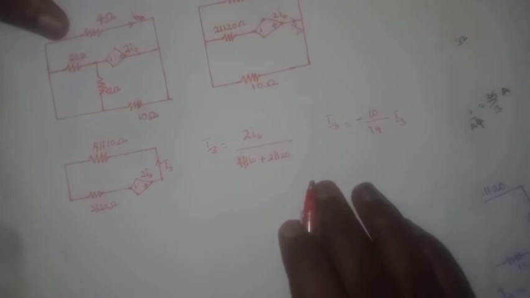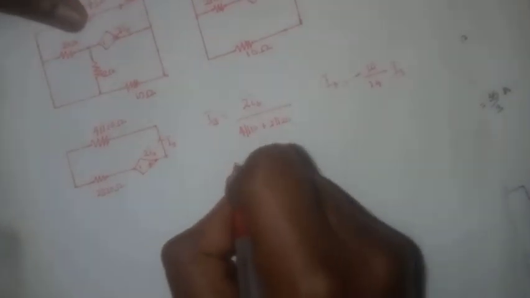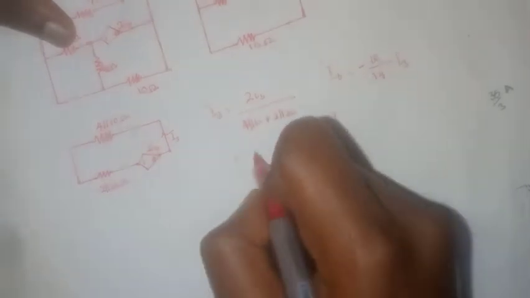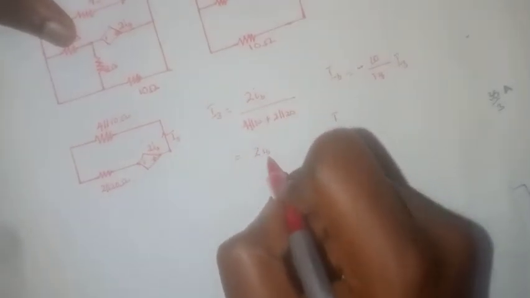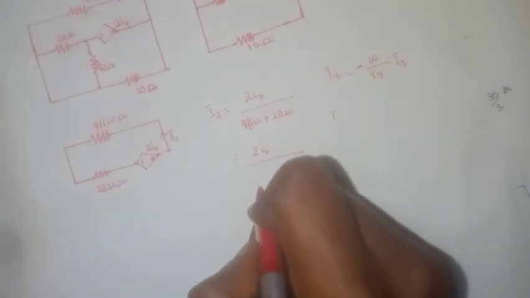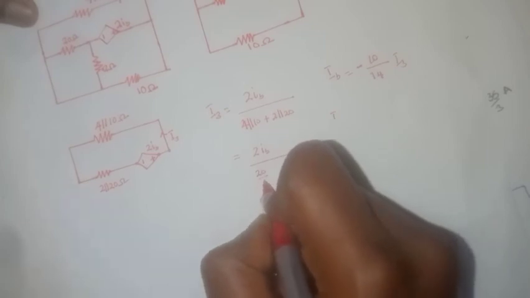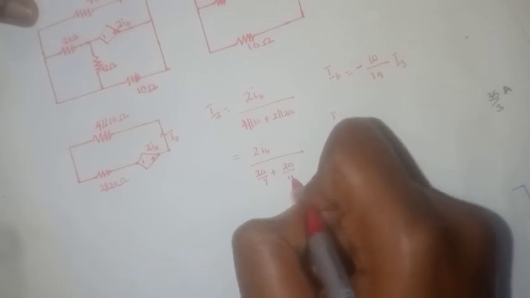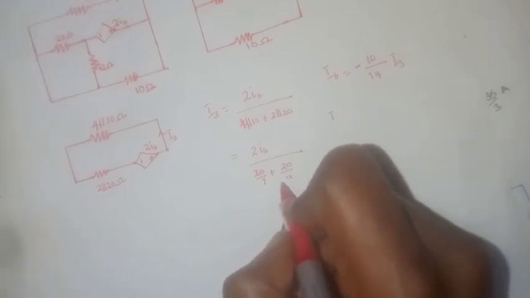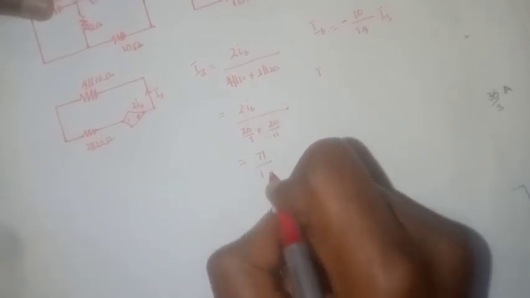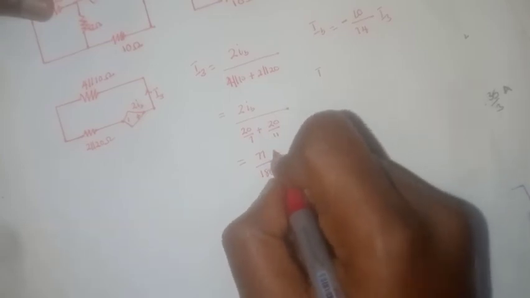We can then simplify this and say 2 IB equals 20 over 7 plus 20 over 11, and all of this will amount to 77 over 180 IB.